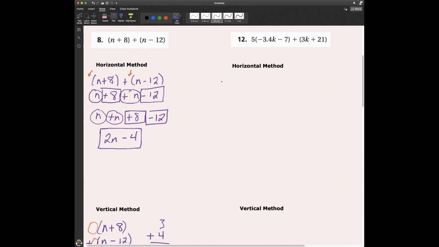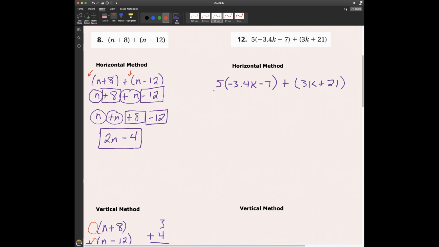So in the horizontal method, I write this down: 5 times (-3.4k - 7) plus (3k + 21). And I want to know, can I drop the parentheses?